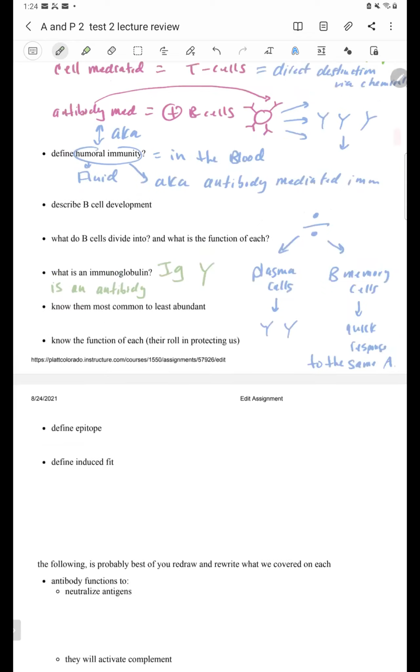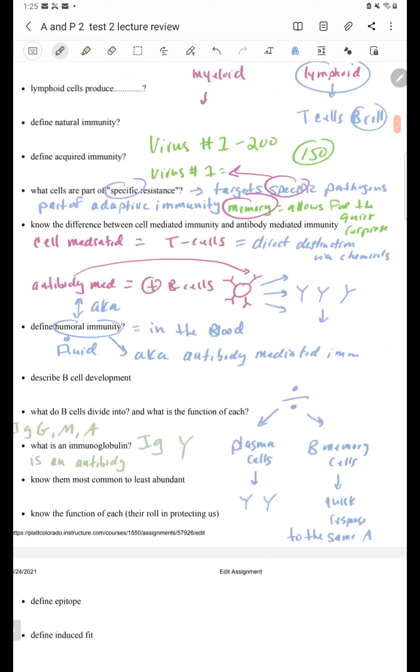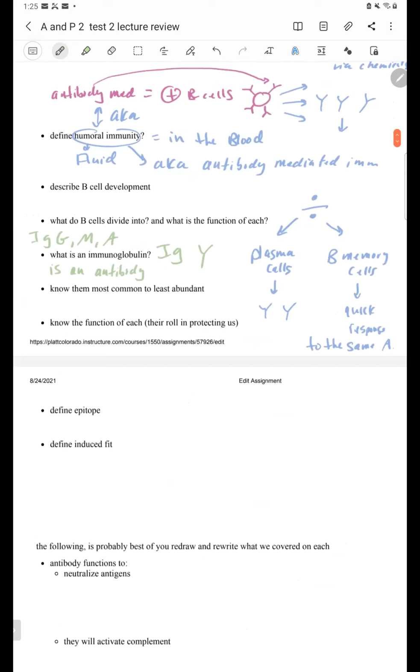So the IgG, IgM, IgA, IgE, and IgD. That's also in order of most common to least common in the body. So know the most abundant to least abundant. I just listed them there for you.